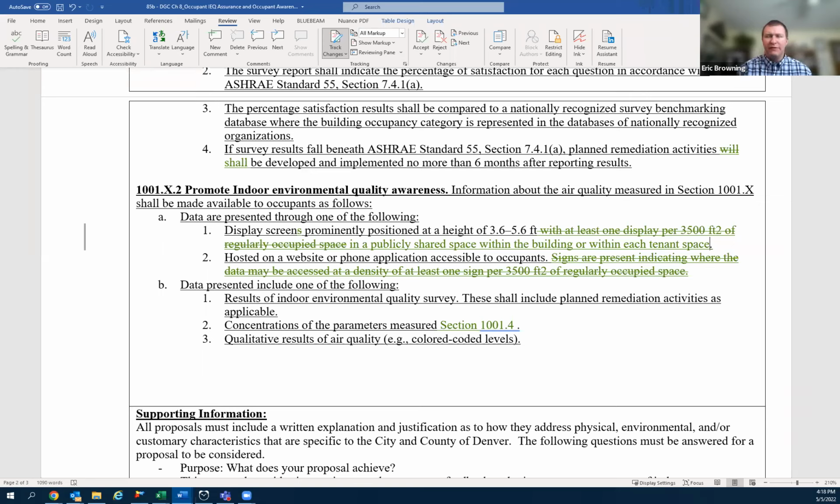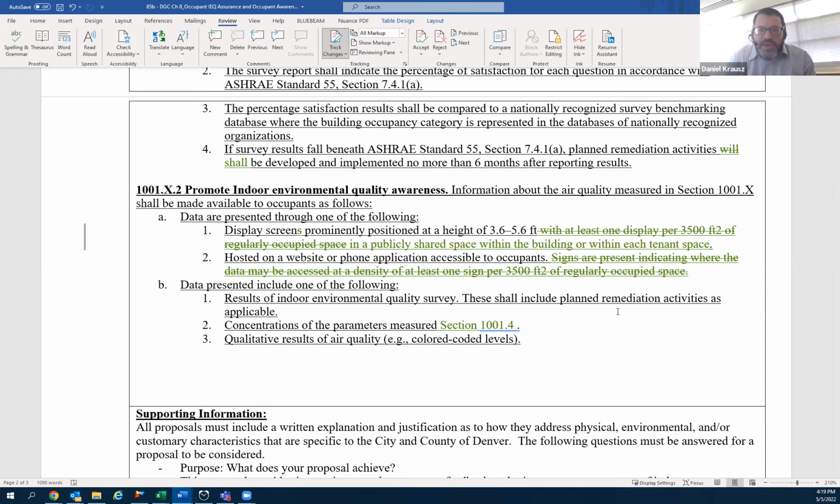I think having a screen prominently positioned within the tenant space for each tenant would be fine. These are probably a couple hundred dollar screens, so it's not like we're breaking the bank asking for them to put these in. It's a glorified thermostat with a different display.